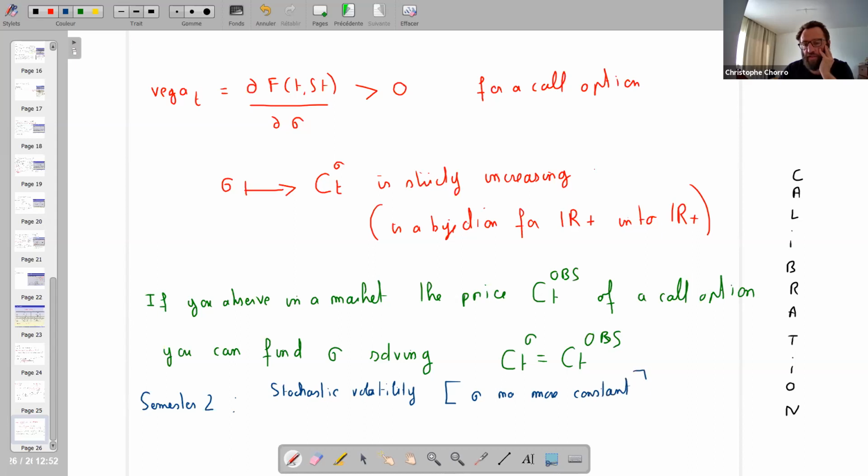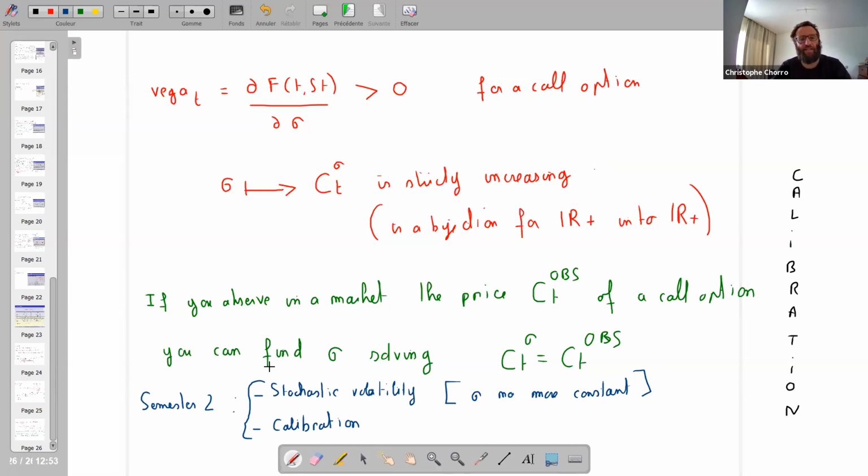It is an extension of the Black and Scholes framework in order to overcome the problem of why calibration and estimation don't give the same thing in the Black and Scholes model. Because I have to extend the model, in fact, because the Black and Scholes dynamic is too restrictive if I want to be able to replicate all the observed call option prices present in the market. So it's the first course here, and the second course will be related to calibration. Oh, excuse me, in fact, these two courses will be the same if I remind calibration. Stochastic volatility and calibration.